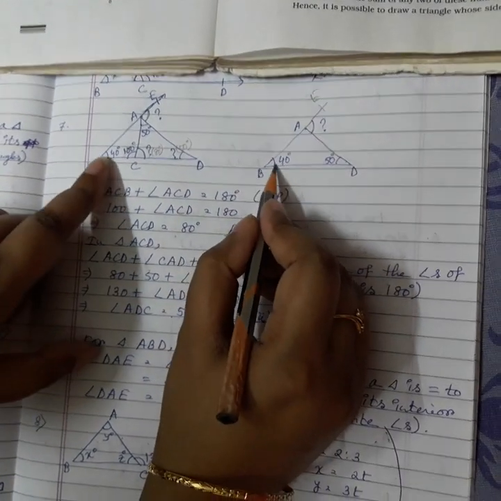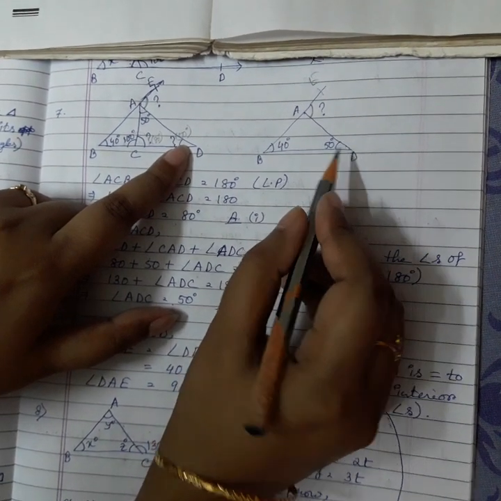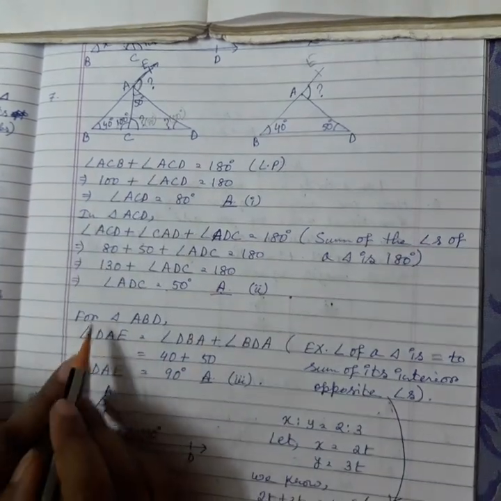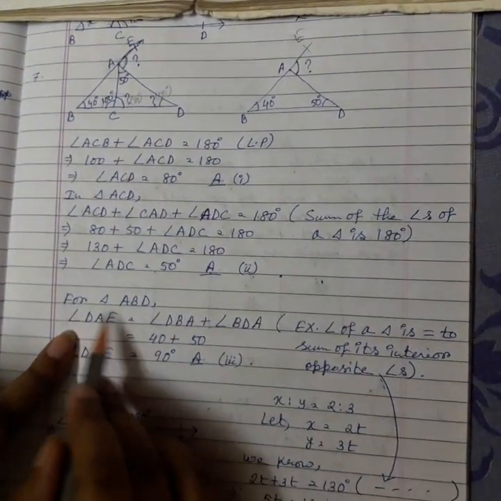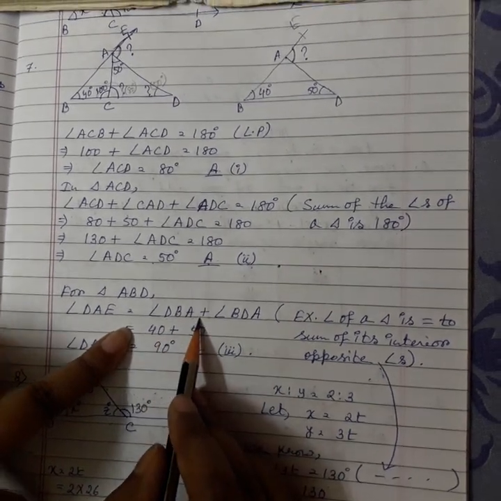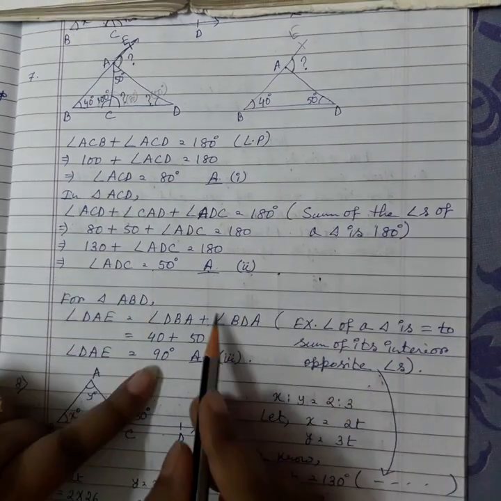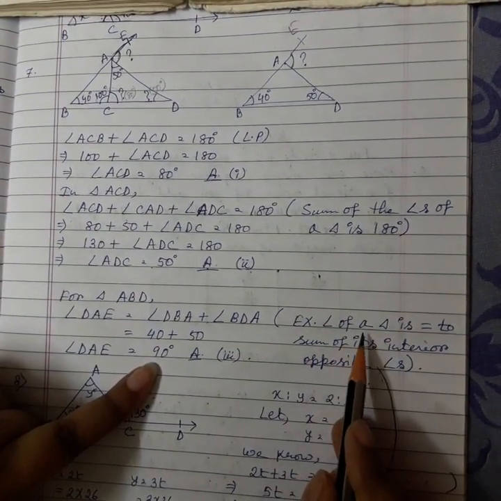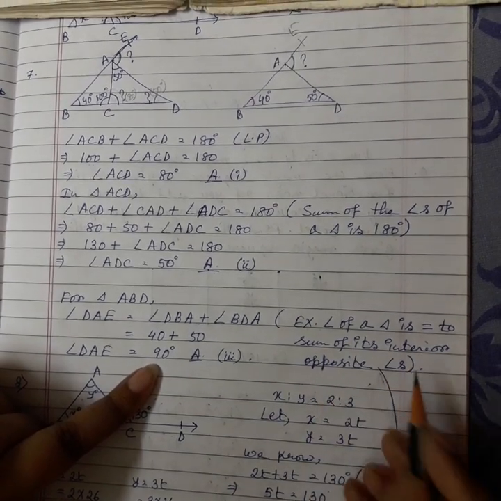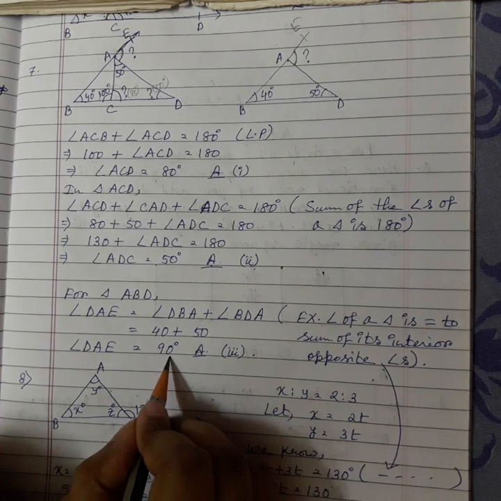Angle B is 40 degrees, and angle D we have got as 50 degrees. So exterior angle equals the sum of the opposite interior angles. So for triangle ABD, angle DAE equals angle DBA plus angle BDA, because the exterior angle of a triangle is equal to the sum of its opposite interior angles. So 40 degrees plus 50 degrees comes to 90 degrees.